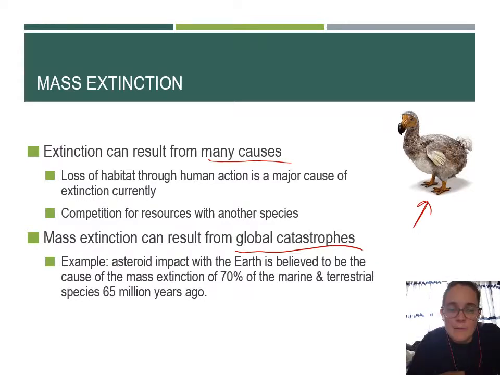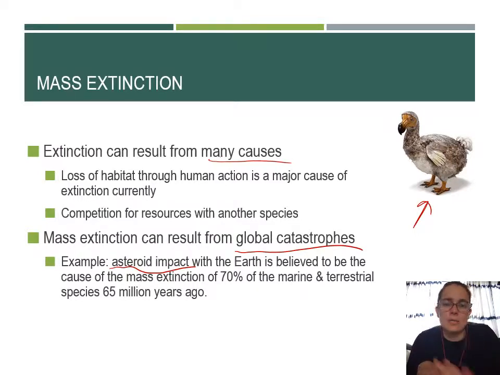So there's evidence to say that there was an asteroid impact, and that was believed to be the cause of the mass extinction of 70% of marine and terrestrial species. When we say terrestrial here, we're talking about land-based animals. So 65 million years ago, an asteroid hit planet Earth, and it completely changed how it is.